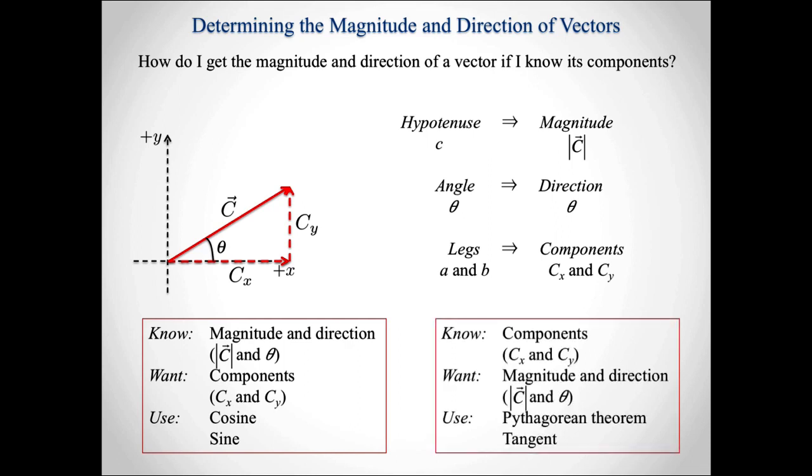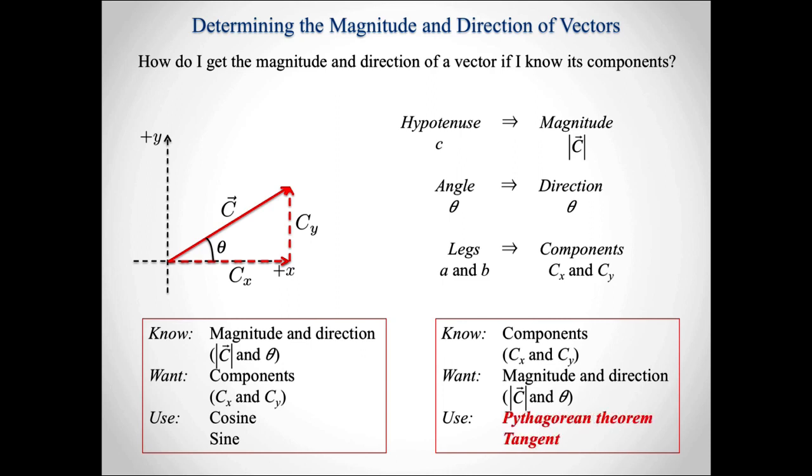But we want to go in the opposite direction here. So now we want to say that we know what the components are. So I know Cx and Cy, but what I'm interested in is the magnitude and direction. I want to use the Pythagorean theorem and the tangent.